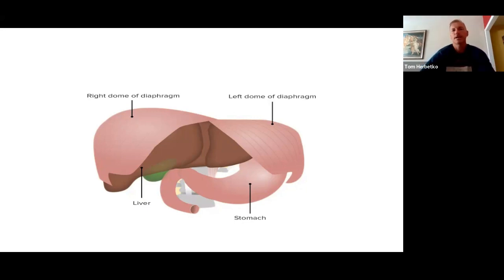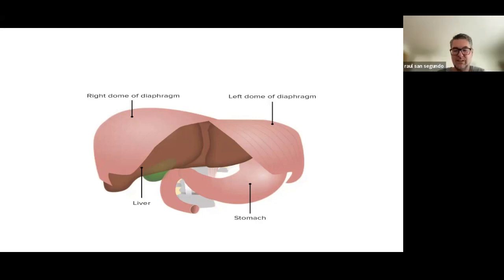But basically, you will see a lot of problems, especially on the right side of the diaphragm, when there's a liver problem. So that will also affect the right shoulder. And as we talked about before, the trigeminal system on the right side, maybe some eye pain, and different types of causes. Remember, the liver is a very heavy organ, and it has a lot of influence on everything in the body. That's it.